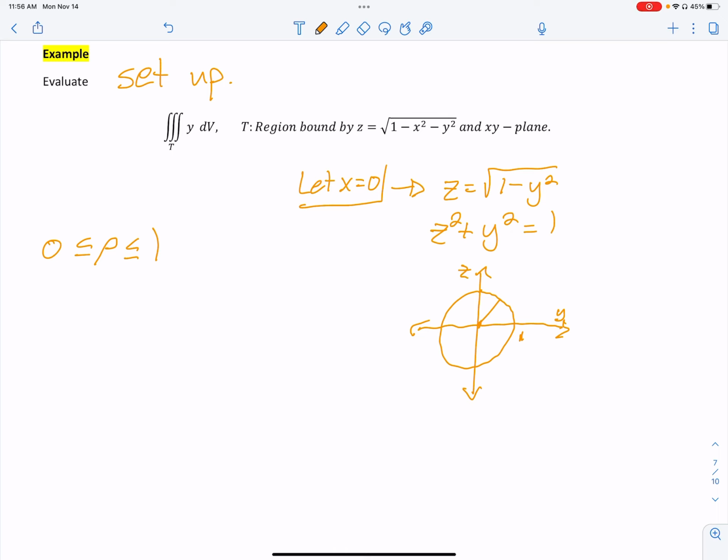It says in the xy plane, so if it's just the xy plane, we're just talking about this portion. So that means that phi is between 0 and that angle from the top, which is pi over 2.